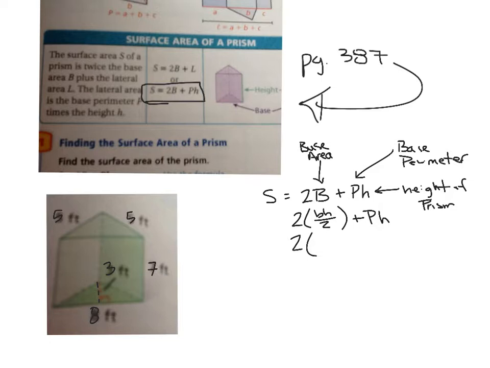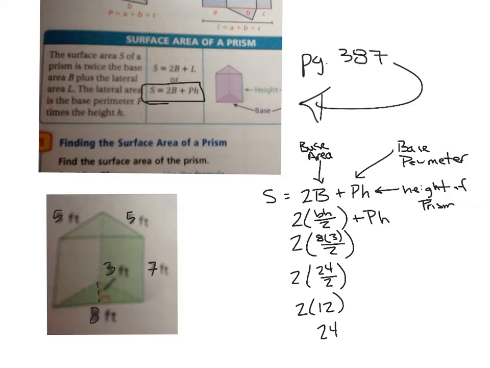And then the base is 8. So we have 8 times 3 over 2. And we're just going to do this part right now. 2, and then 8 times 3 is 24 over 2. And we have 2 times 12, and that part is 24. So that's how we figure out the area of the two triangles.